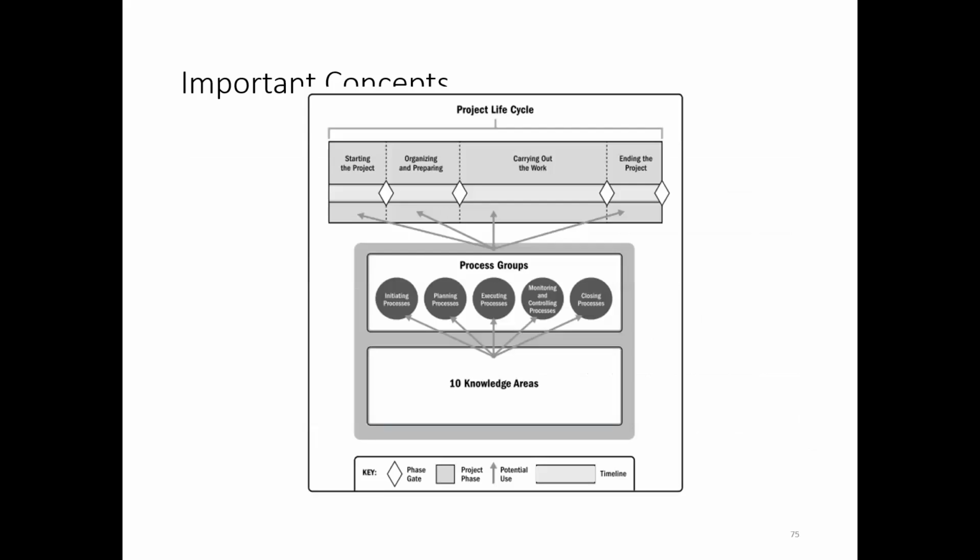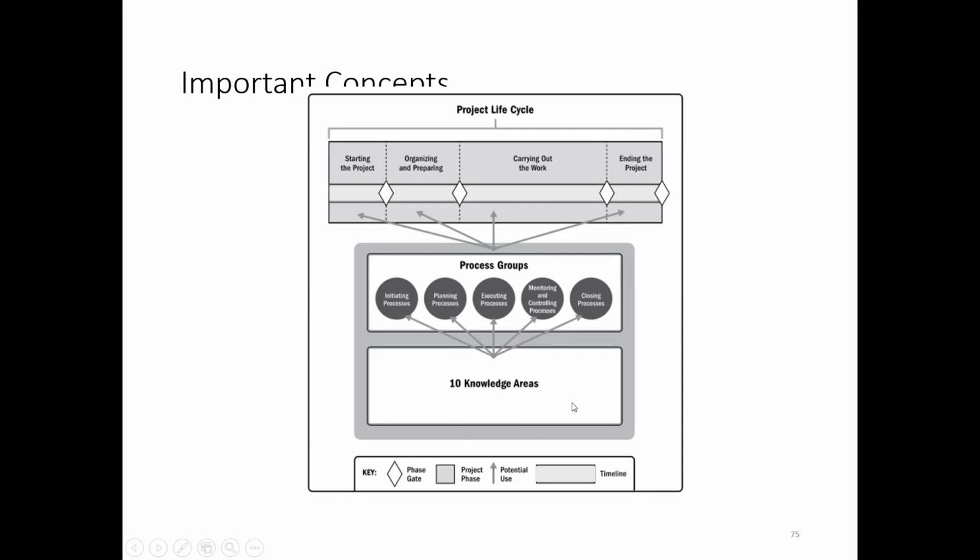So now we can see we have 5 process groups in the PMBOK guide: initiation, starting the project; planning, organizing the project; execution, carrying out the work; monitoring and controlling, also carrying out the work and controlling it; and closing, ending the project.